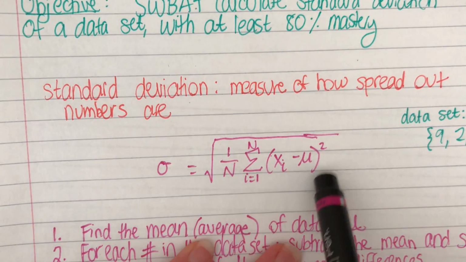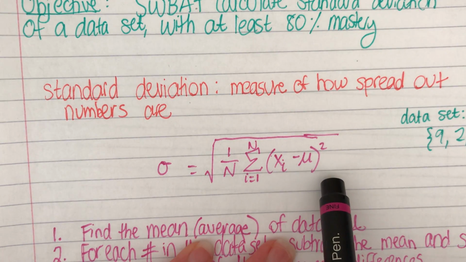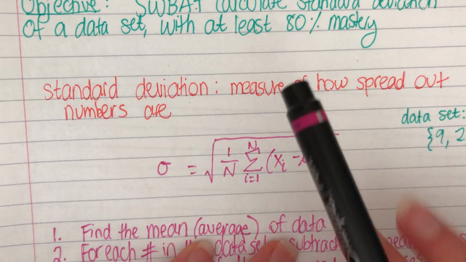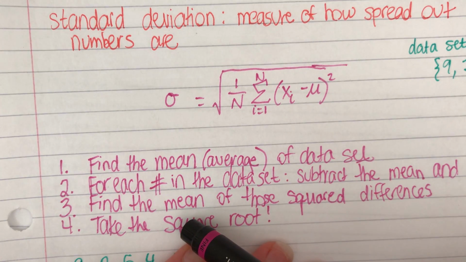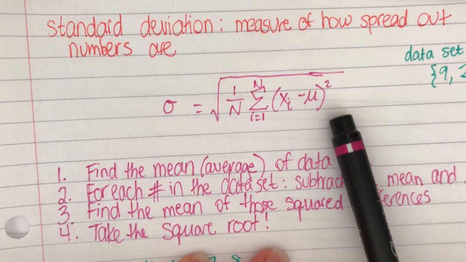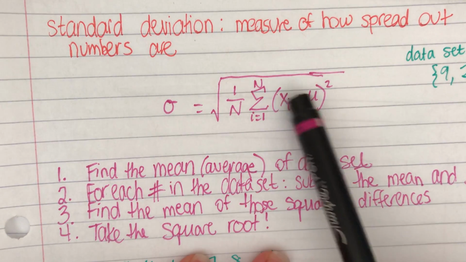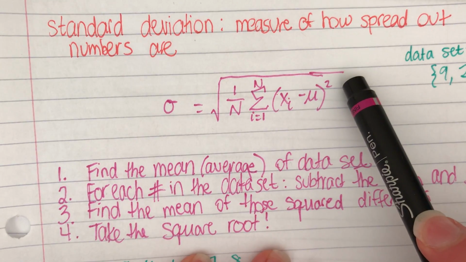Now this right here is the official formula for standard deviation that I've drawn in pink right here. Now I know there's some crazy symbols in here. I've also written this out as steps, which should be a lot easier to understand, okay? So don't worry too much about this formula. If you're interested about how it works, at the end of today's video, I will explain the different symbols, but just understand that I've taken this formula and I've made it more simple.